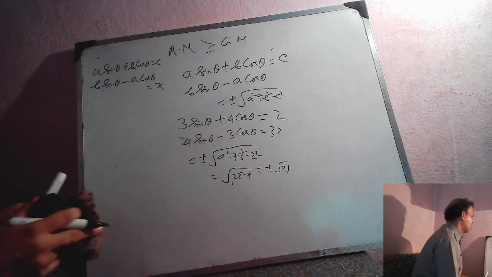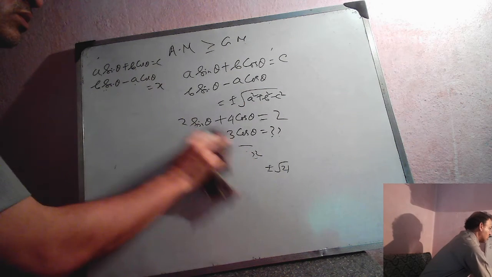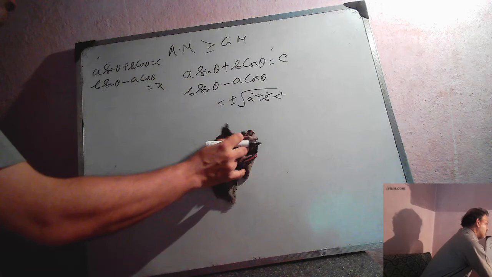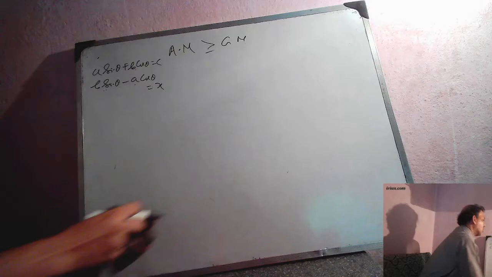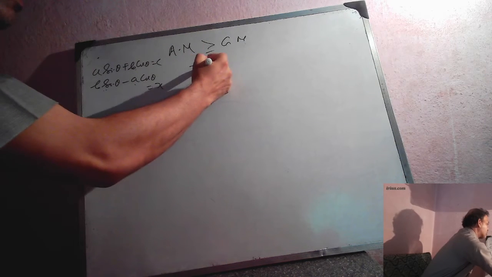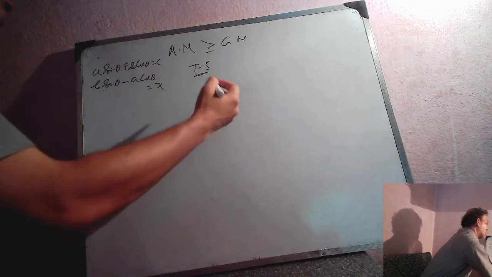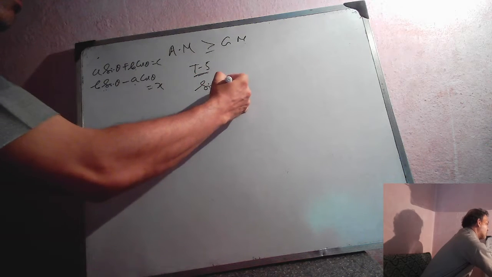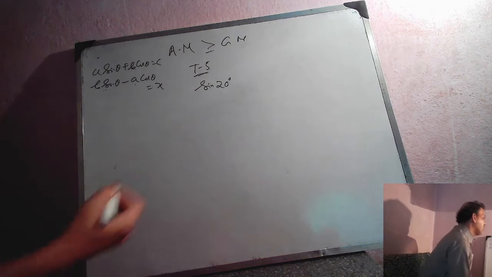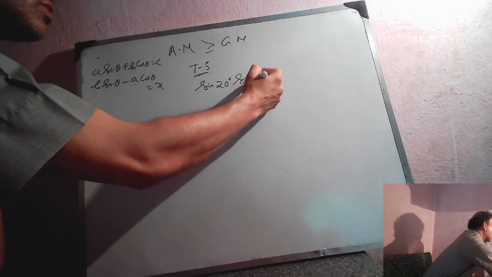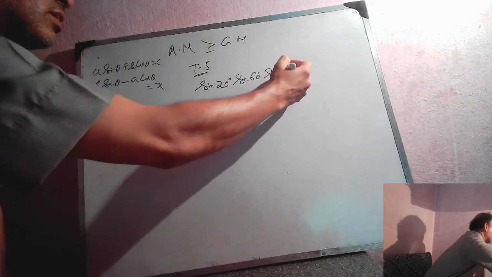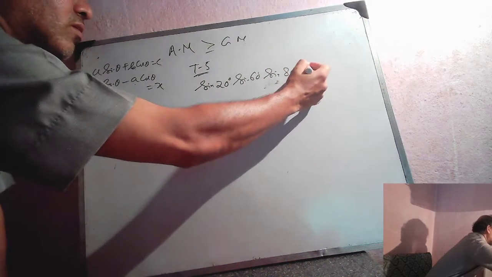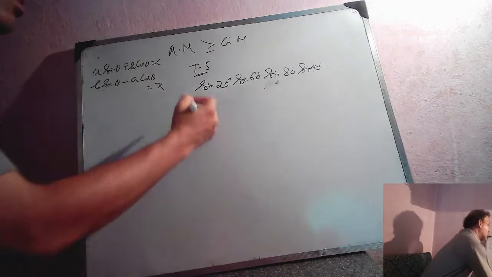Next, trick 5. Find the value of: number 1, sin 20, sin 60, sin 80, sin 40 degrees.